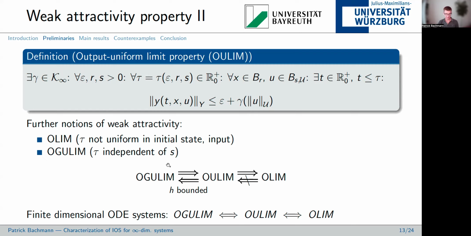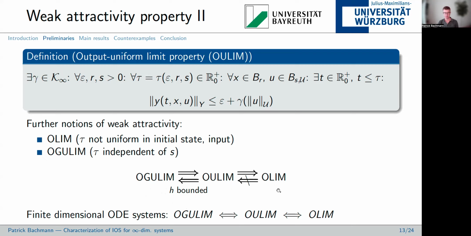And this picture here looks a bit different from the one for OUAG, because here we only need that H is a bounded operator, so basically that it maps bounded sets on bounded sets, as we said before. And then the global version of GUlim is equivalent to OUlim.